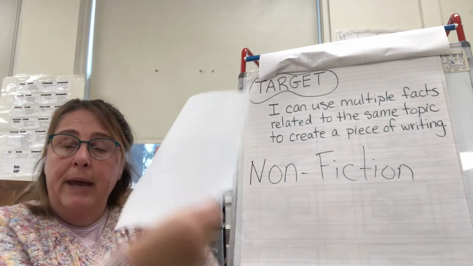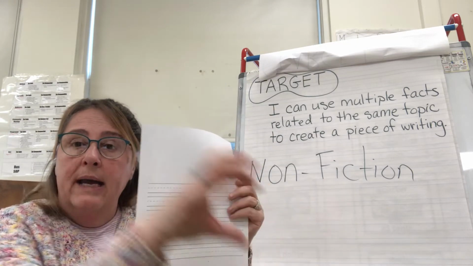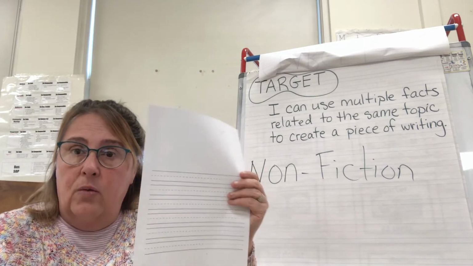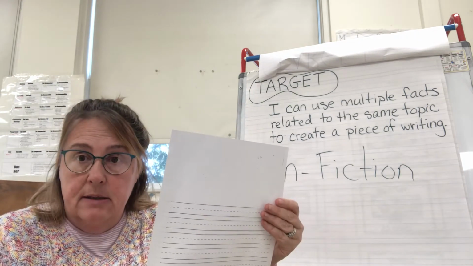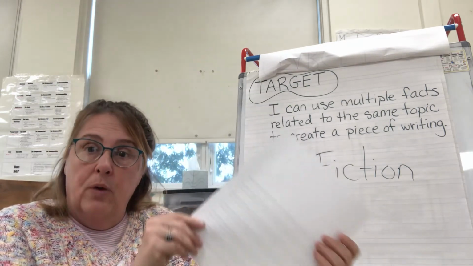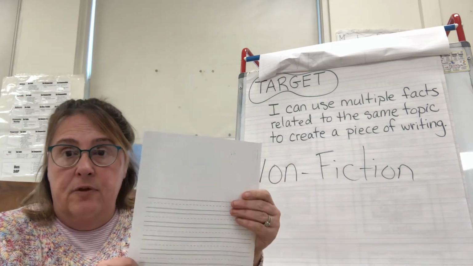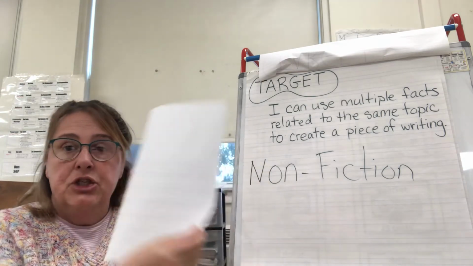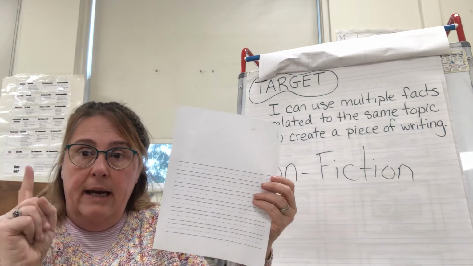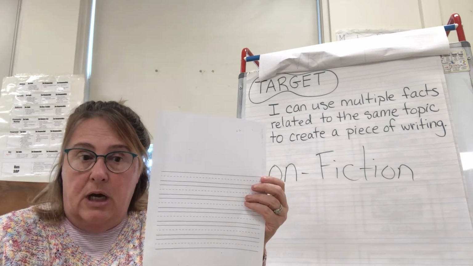So each page will be one of the categories that you've already worked on. Now, if you haven't finished with that part, you can keep working on that part until you're ready for this part. So each two-sided page is going to be one of the sections that you've worked on.